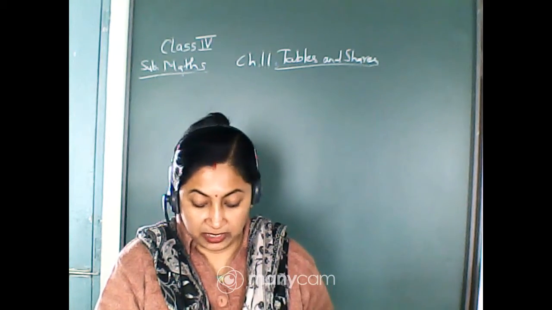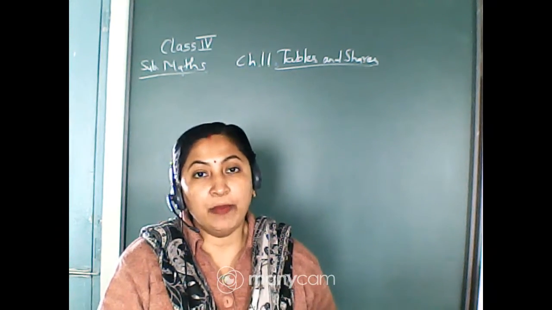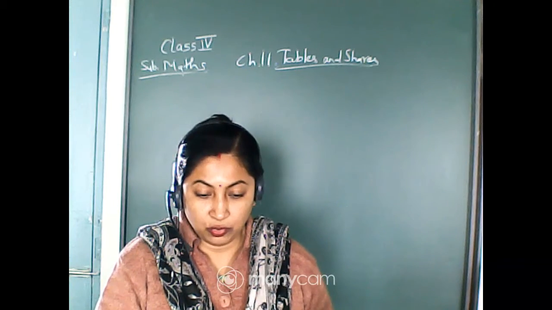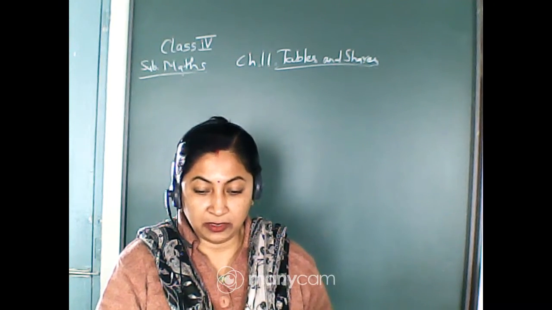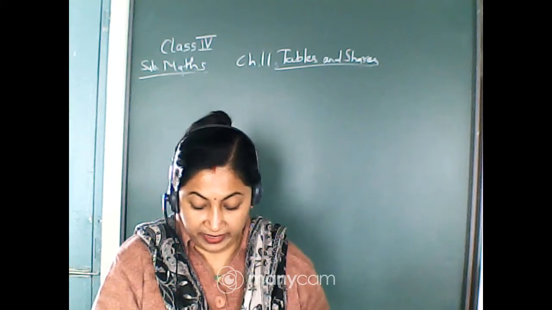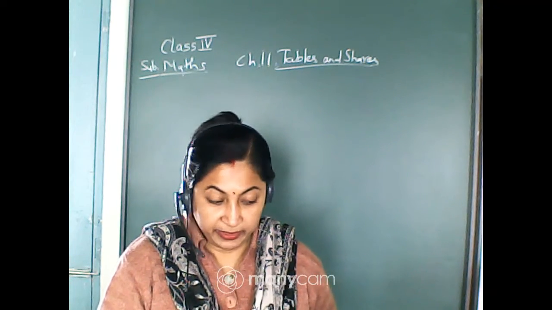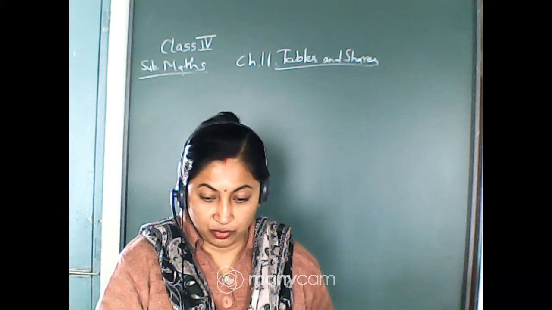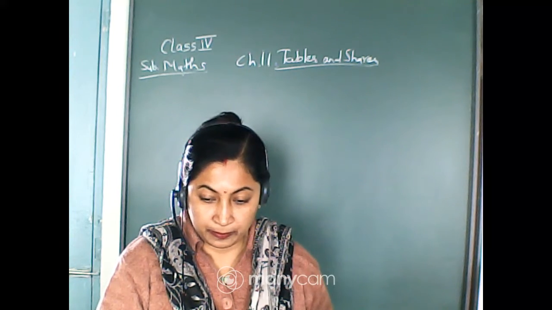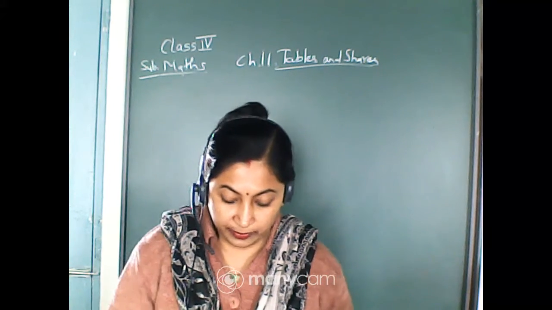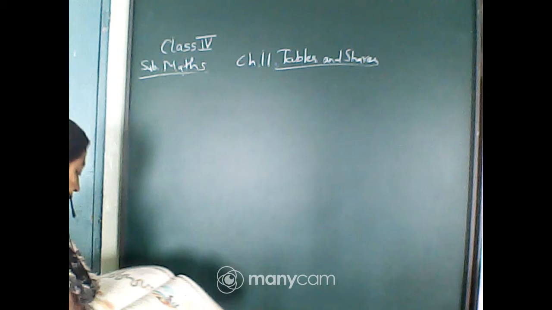Okay, so for this we have to divide 100 by 17. Since it is a word problem, we have to write the statement, isn't it? So quickly write it down. Write down the statement. This is page 125.